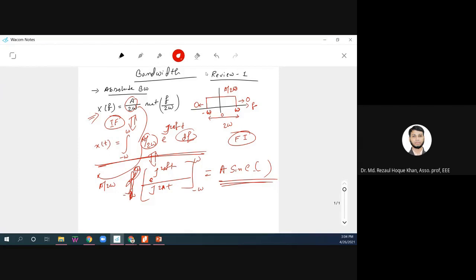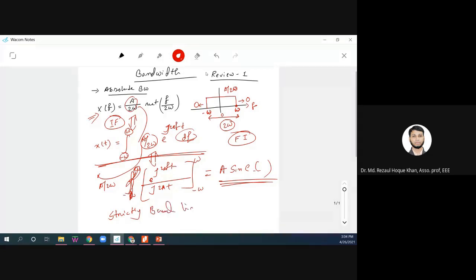Now whenever we express this signal by its upper and lower limit, the bandwidth we express is what we call absolute bandwidth, or strictly band limited signal. So this kind of signal is called strictly band limited signal.